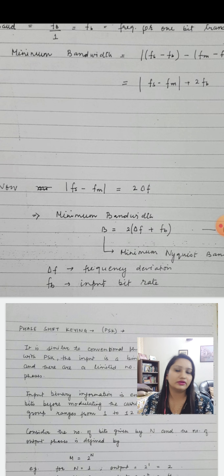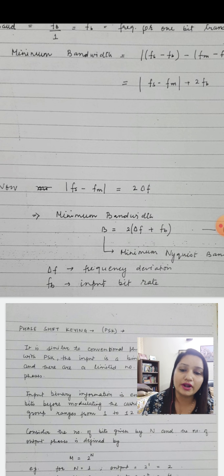There are two inputs. One input is in analog form, that is the carrier. Another input is in digital or binary form, that is our modulating signal or the information signal. And we are getting output again in analog form, that is either ASK, FSK or PSK.